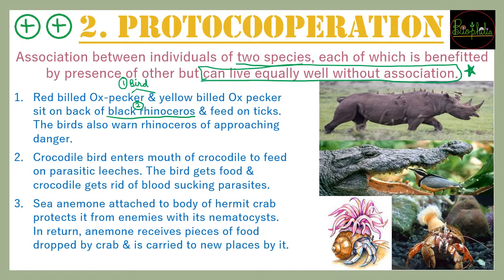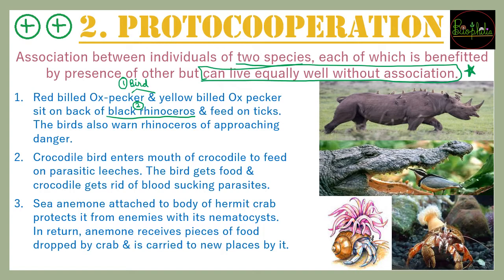They warn the rhinoceros of approaching danger, and the rhinoceros provides a good vantage point all over the place because they sit on it, and it also provides food of worms or insects found on the rhinoceros's body. So both are benefited, but if they are separated, it makes no difference to them.